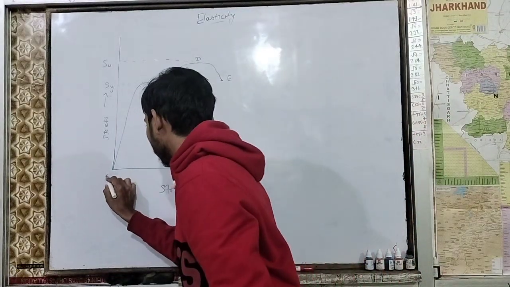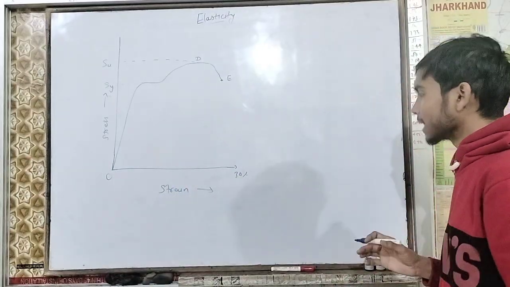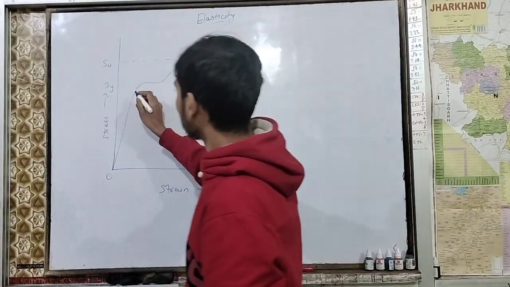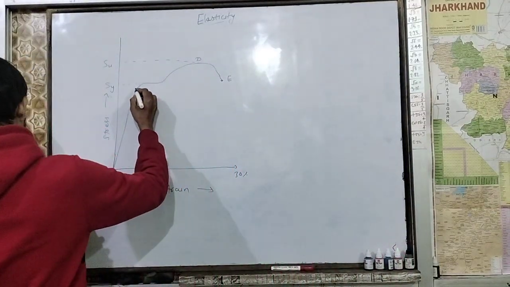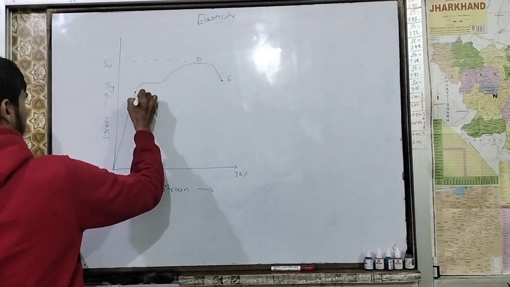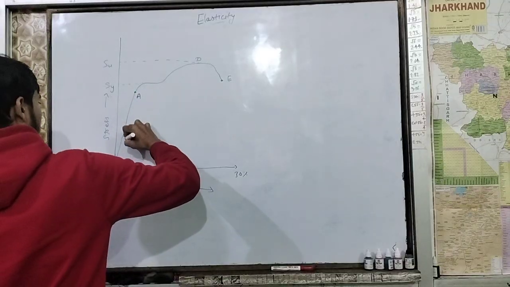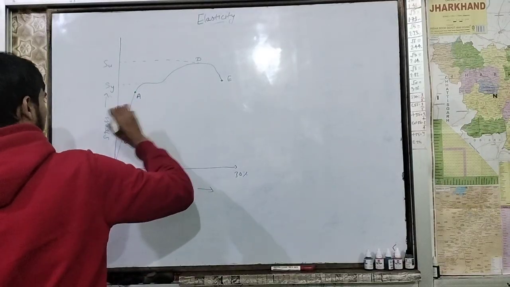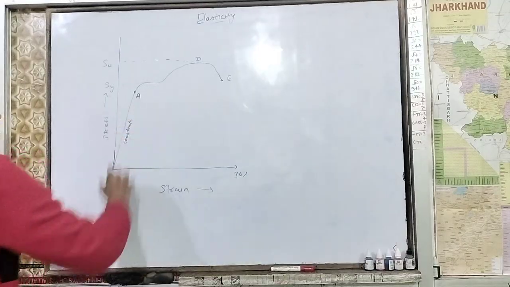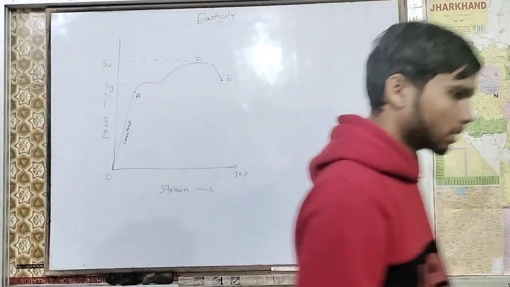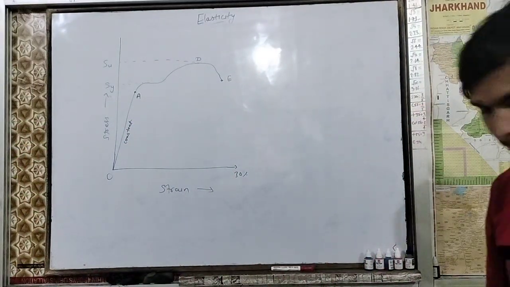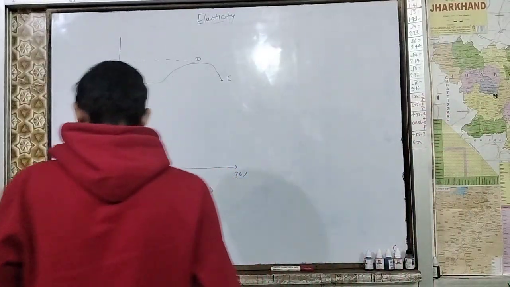This is zero. Try to understand. From here to this point A, this is constant. Remember, from 0 to A it is constant, because it is just a straight line, not a curved line. Clear? This is the proportional limit.